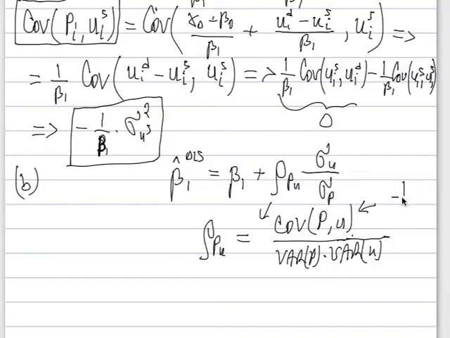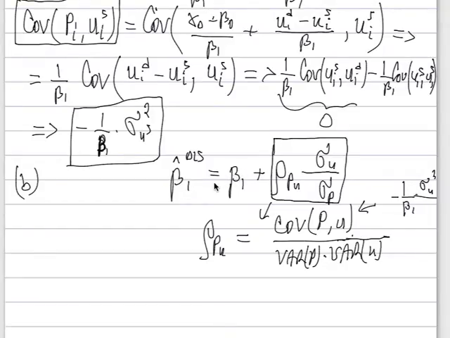Let's rewrite it. So this is basically the case. This is equal to this constant value. If beta 1 is not 0, sigma U is not 0, obviously. So this is constant. Constant divided by the variance of P and U is a constant. So this thing will be some constant value times this gives us a constant here.